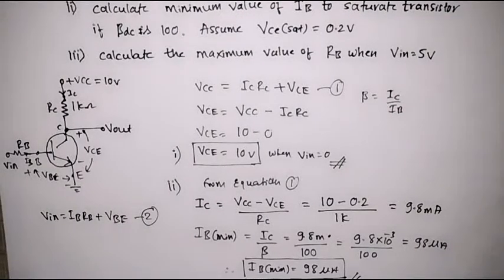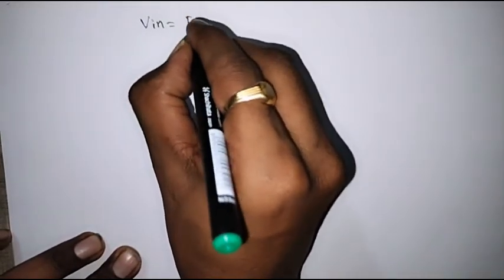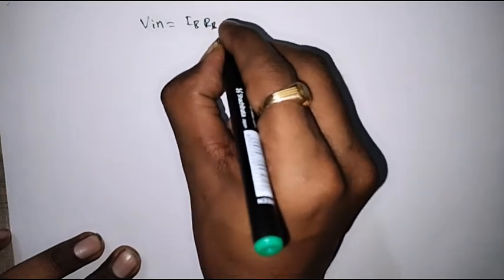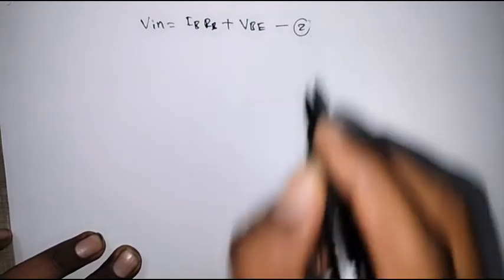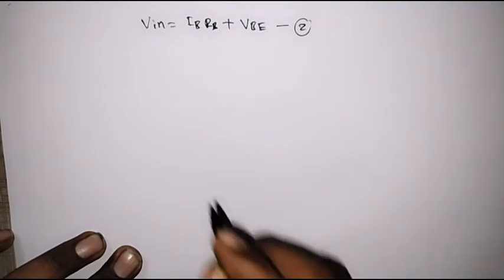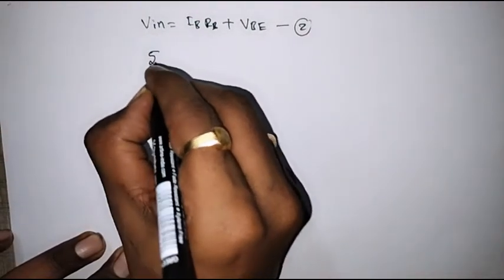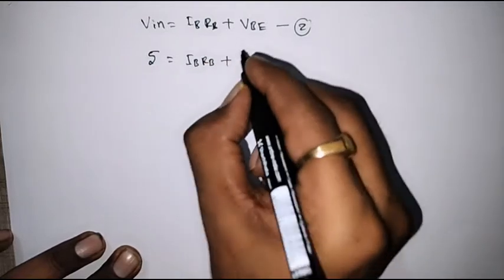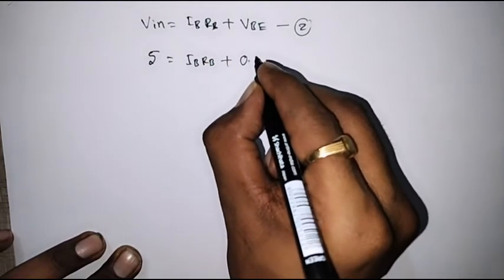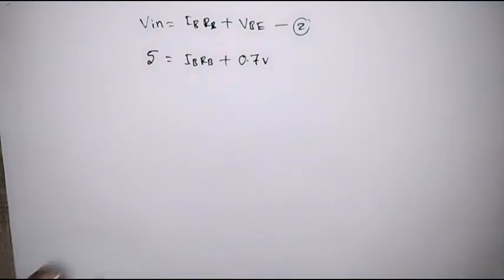Now with the help of equation number 2, we will calculate the maximum value of RB. I'll rewrite equation number 2 here, that is Vin is equal to IB RB plus VBE. Here the Vin value is given, that is 5, IB RB plus VBE, which for a silicon transistor is 0.7 volts.